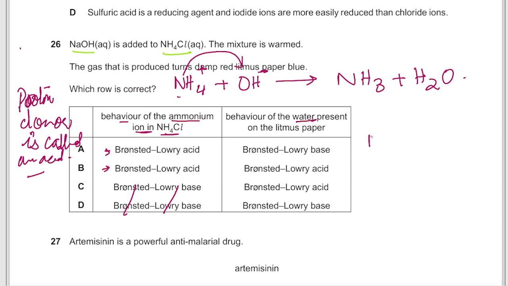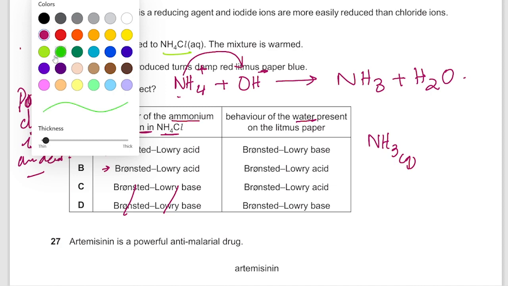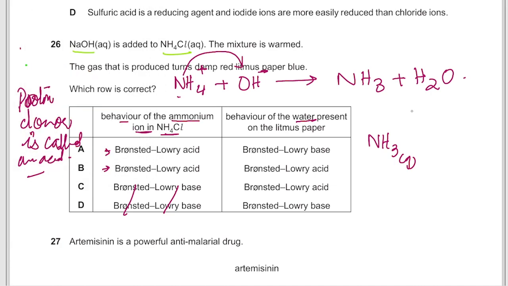When ammonia gas reacts with the water present on the litmus paper, in the end this ammonia reacts with water to form ammonium ion and hydroxide ions.